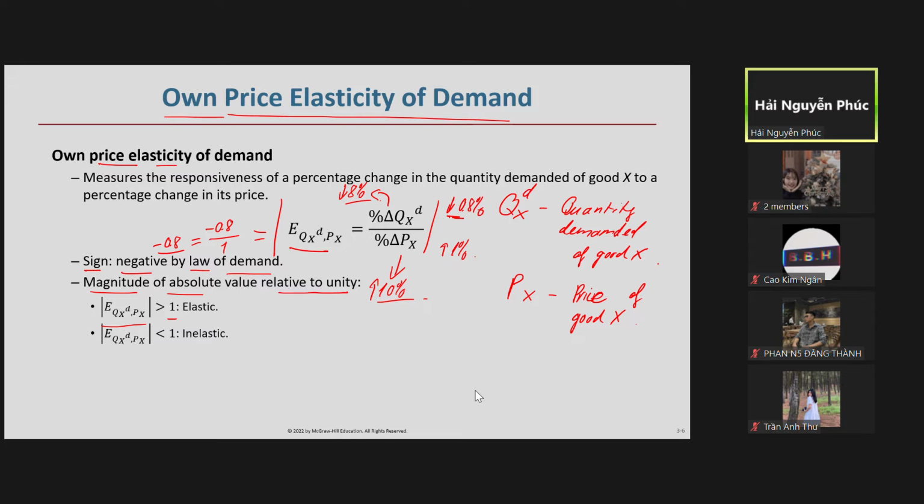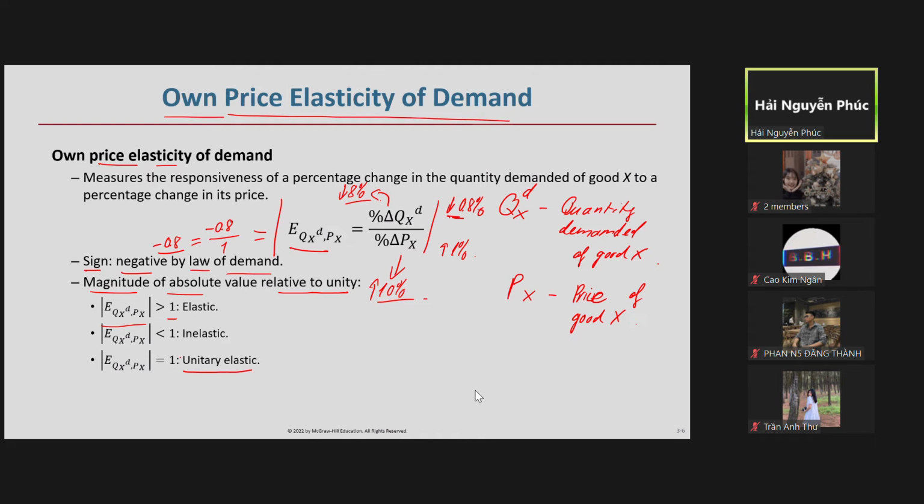Now, what about the extreme case? It is a situation when we have the price elasticity of demand equal to -1, or equal to 1 in absolute value. It is a situation when demand is unitary elastic, or in Vietnamese we call it co giãn đơn vị. So what does it mean?